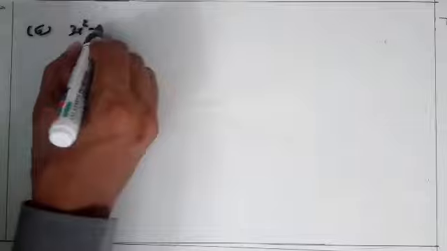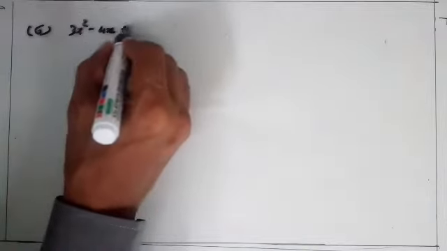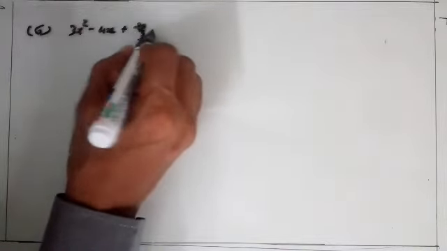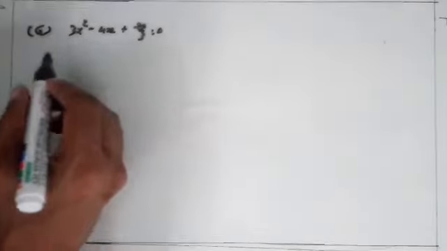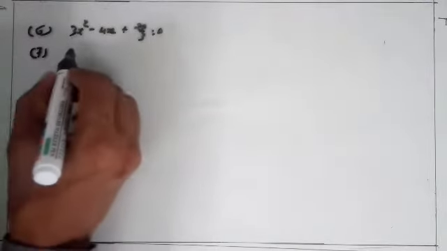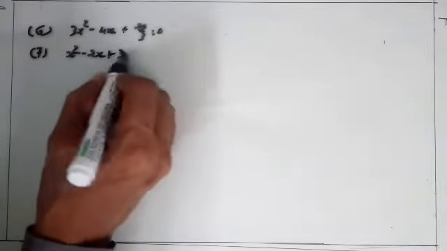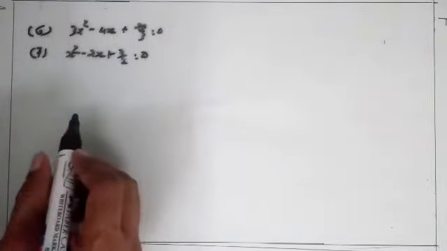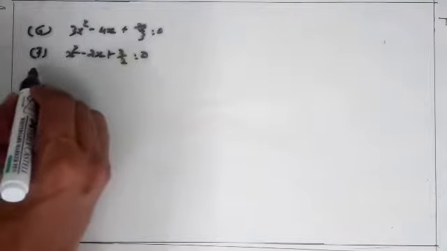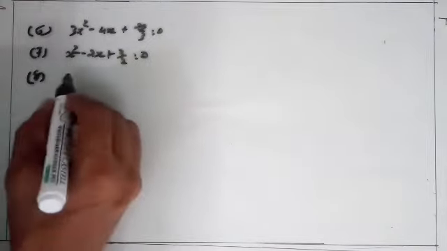We know how to solve this quadratic equation, so solve it yourself. Question number 7 also, x² - 2x + 3/2 = 0. Complete it yourself. It is a very easy question.